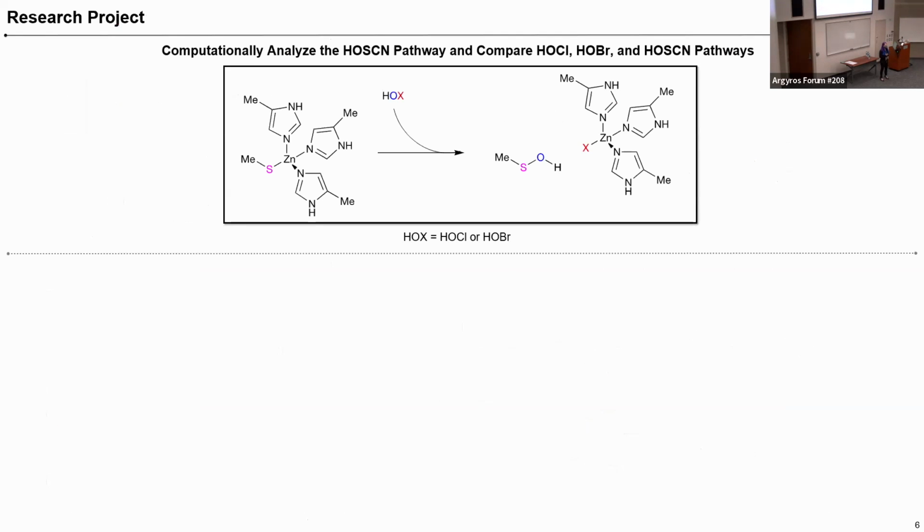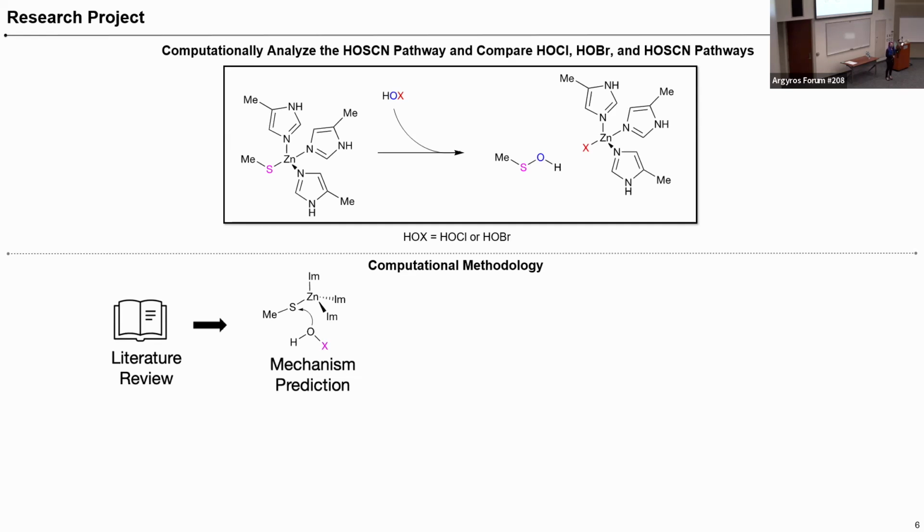Getting into my research, I focused on the HOSCN reaction with these zinc-sulfur complexes, and I also compared all three pathways: HOCl, HOBr, and HOSCN. For my computational methodology, I started with a literature review. I then used that literature to predict the mechanism by which I thought my reaction would proceed.